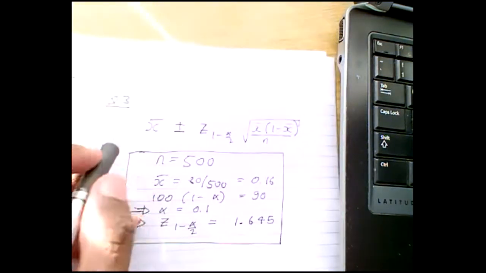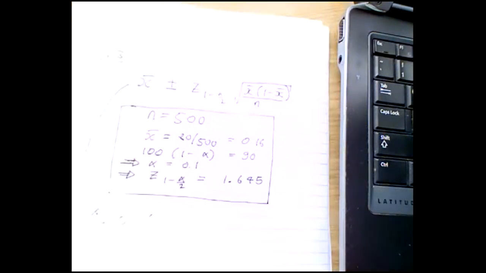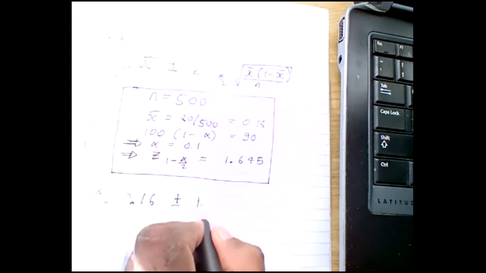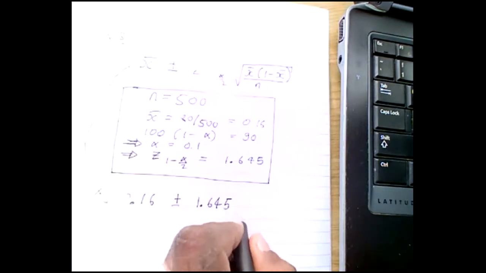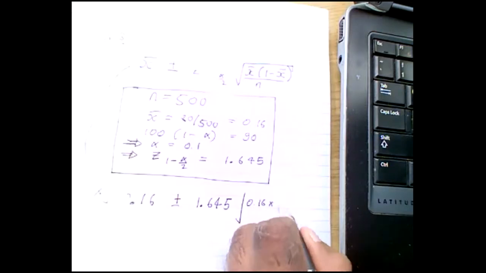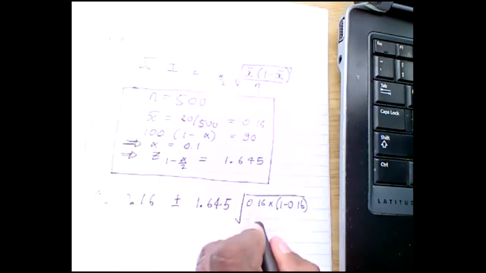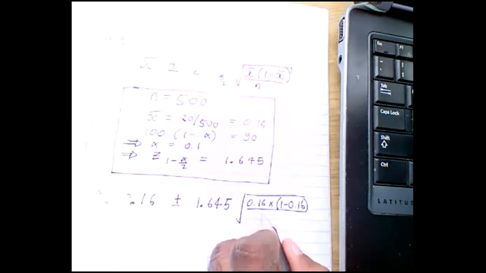Now subbing this into the formula, you will get 0.16 plus or minus 1.645 times the square root of 0.16 times 1 minus 0.16 divided by 500.